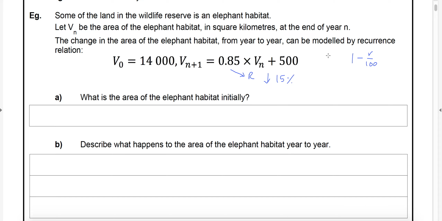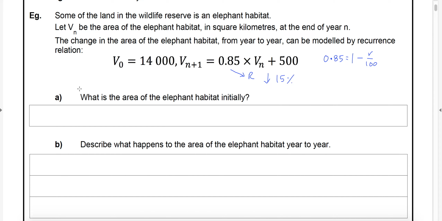And so to get 0.85, which is my capital R value, if I wasn't sure, I could solve for the rate, but I can see I'm basically left with 85% of the habitat, so I must have lost 15% of that habitat. Then after that, you'll see we're adding 500. So whilst we lose 15% of the habitat, we're then having 500 square kilometres added after that happens.